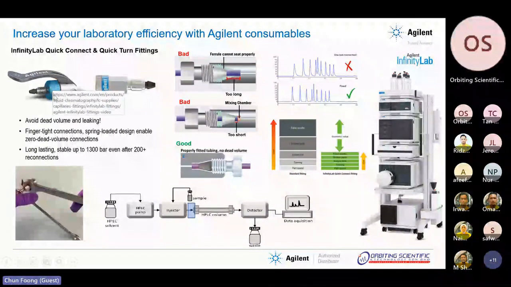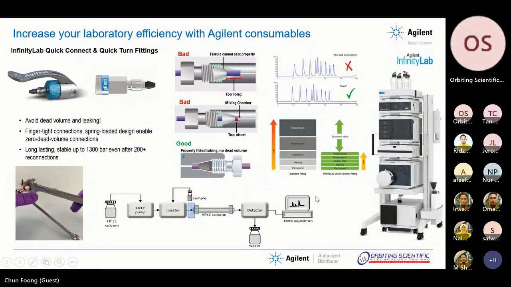You just turn this blue screw to hand tight and then press this handle. Then you can create a very good zero dead volume connection. So next time when you see a chromatogram in this way, maybe you have to check whether you have bad connections on your columns.